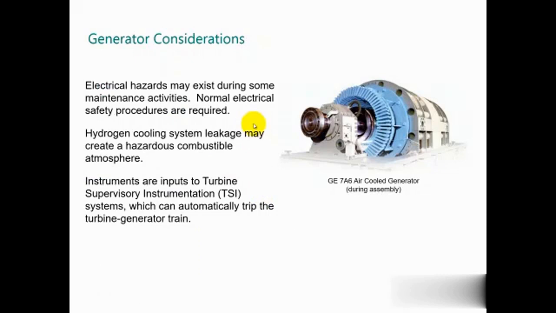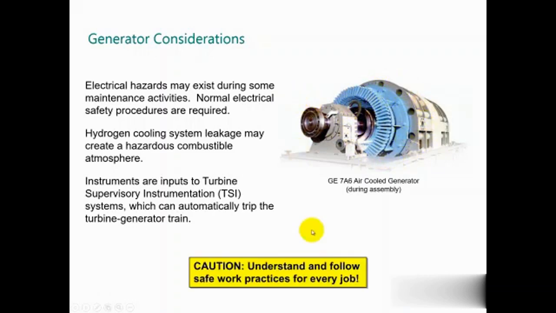One of the special parts of the generator is the cooling system. For big ones, hydrogen is used. Hydrogen is an explosive gas. Now you need to protect yourself and take extra care when working, because you have high electricity, you have a hazardous gas, and you have static current even when the machine is stopped, because this is a massive stator. Remember, understand and follow safe work practice for every job.